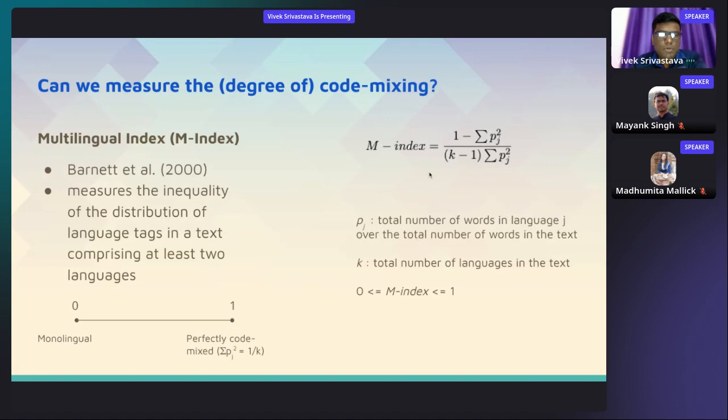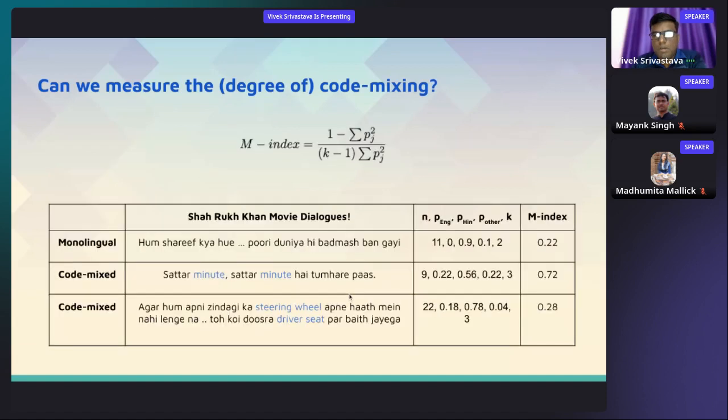If you compute the M index for a sentence, it will range from 0 to 1. A score closer to 0 says that you have a monolingual text. A score closer to 1 says that you have a perfectly code mixed sentence, that the distribution of language tags is uniform. Let's see with the examples that we took earlier, what does the M index say here?